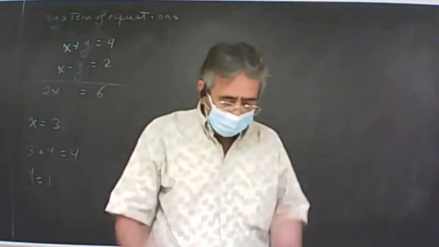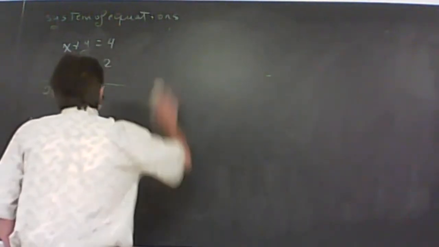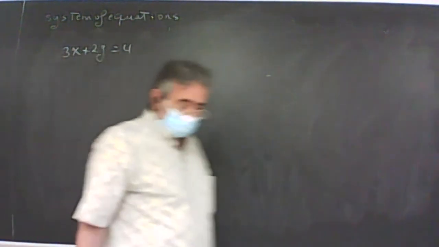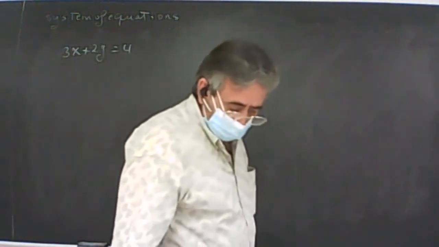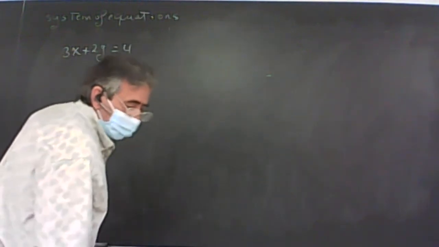Okay? Consider, for instance, 3x plus 2y equals 4. And 5x minus 2y equals 12. Oh, this is also an easy one.